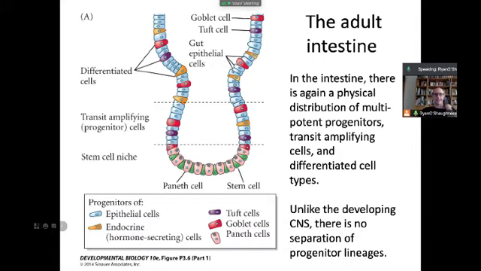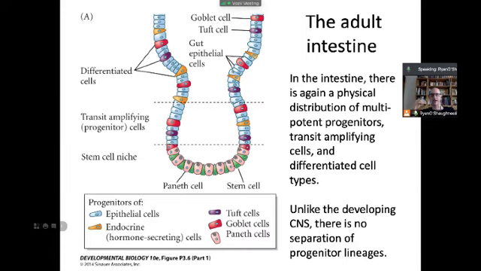So let's look at the adult intestine as another example. Here in the intestine, there is again a physical distribution of multipotent progenitors, transit amplifying cells, and differentiated cell types. But unlike the developing central nervous system where we saw layers of cells, there's no separation of the progenitor lineages.